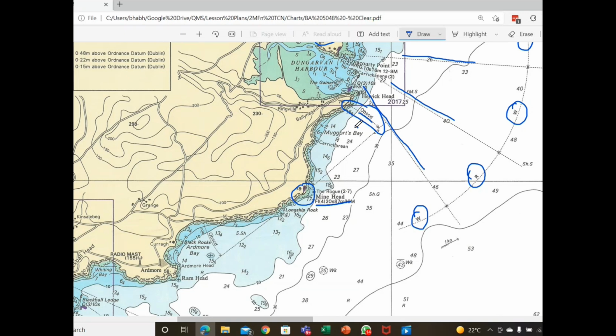That means if there's any ship in this particular area, they will not be able to see this light. This light will not be visible. And if you go on the other side, again, you will see this is the obscured sector. And all around on this particular sector, the light is visible.